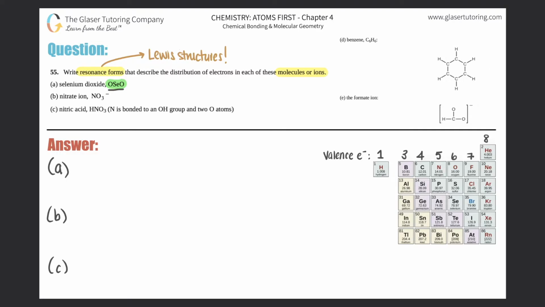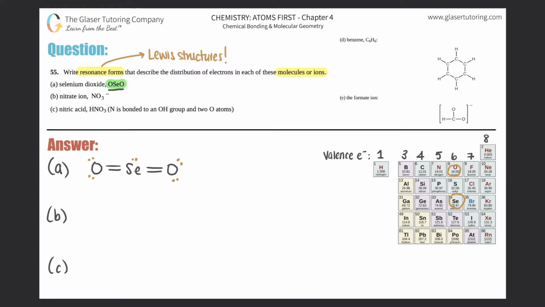So if we have done the Lewis structures properly, it would look something like this. We have oxygen double bonded to selenium, another bond to oxygen, and then this oxygen would have two lone pairs, this oxygen would have two lone pairs, and this selenium would have one lone pair. Because selenium and oxygen both have 6 valence electrons, right?